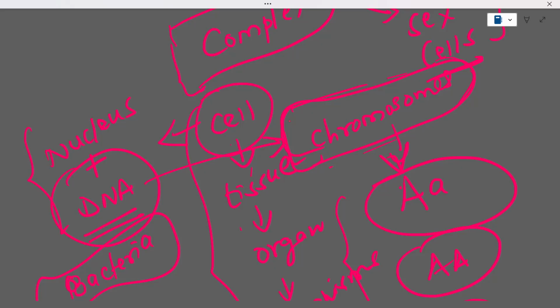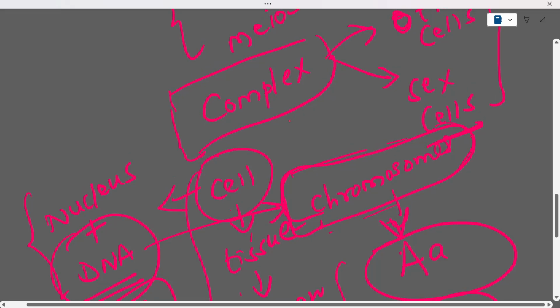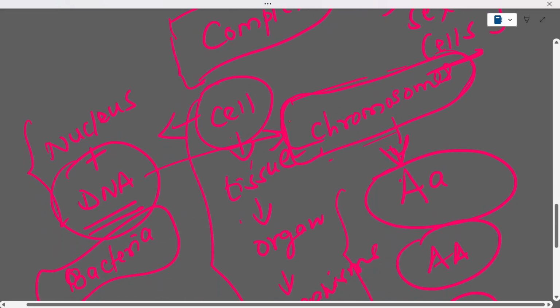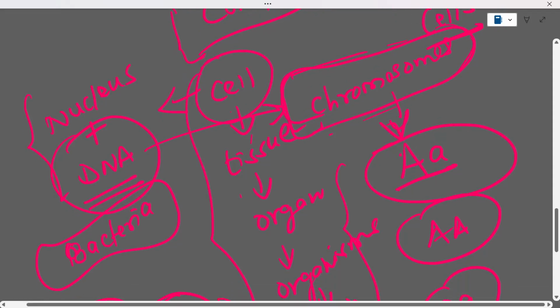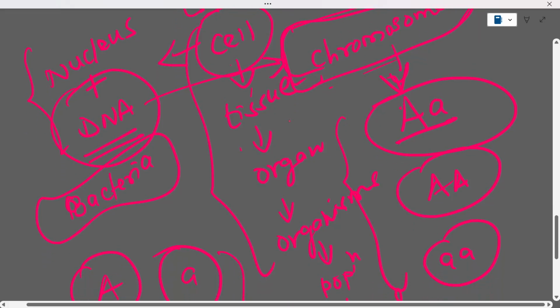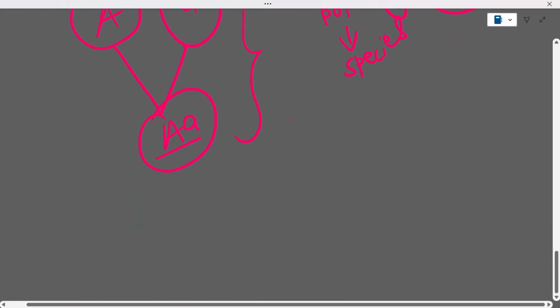So these chromosomes exist in pairs, and this pairing of chromosomes itself will mean nothing unless such chromosomes give rise to a trait. All we look for is a trait or a characteristic, a feature.